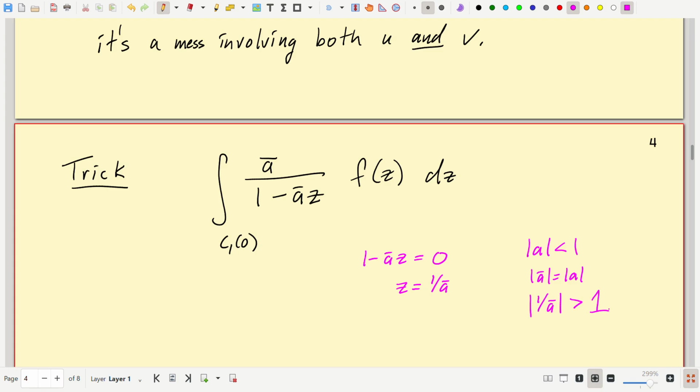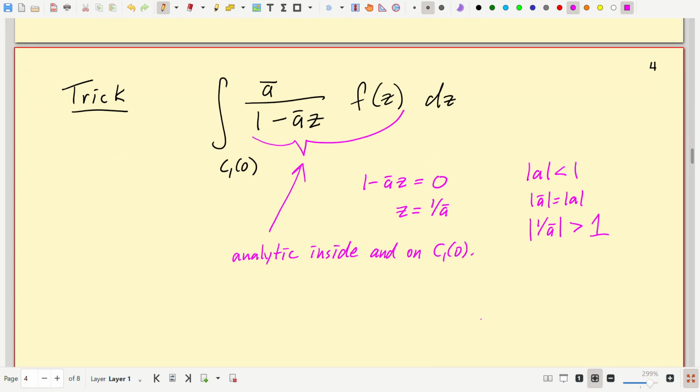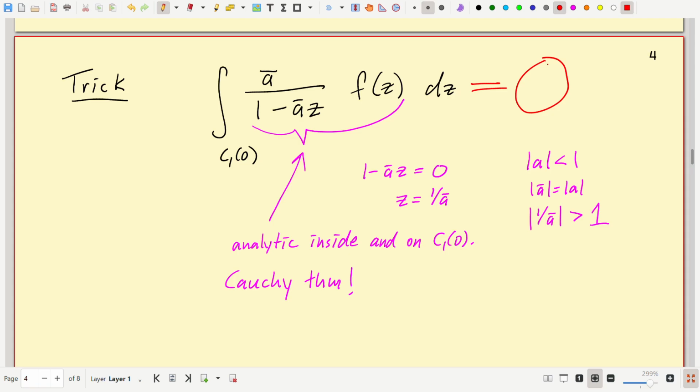So this thing right here is analytic inside and on the unit circle. So Cauchy's theorem means it's a big fat zero. And it's a big fat zero even if I put a 1 over 2 pi i in front of it.